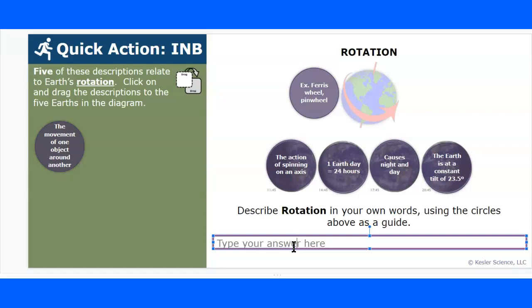So what does rotation mean in your own words? You can use any of the items in the circles. So rotation means Earth spinning on its axis, causing day and night. And again, this takes 24 hours.